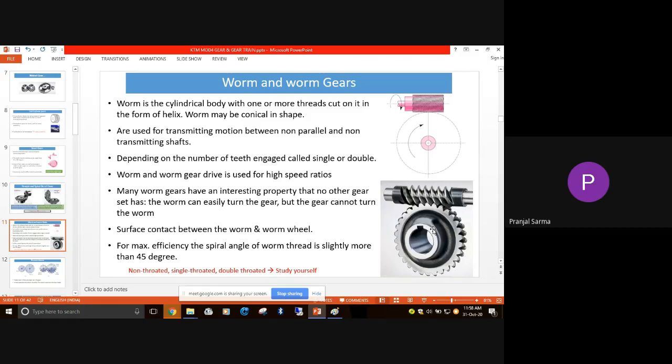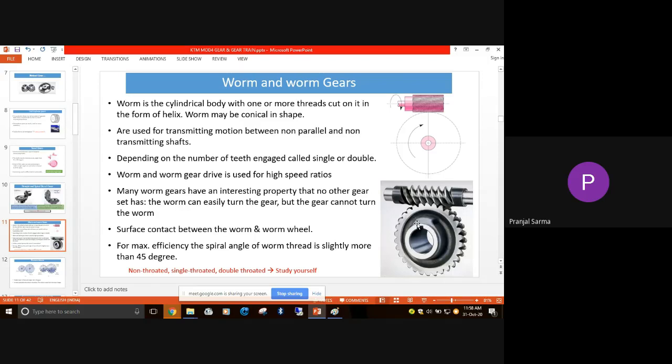So if you give the input to the worm, you can expect rotational output in the worm wheel. But even though they are engaged and in mesh, motion from the gear cannot turn the worm. So it gives us a self-locking property.